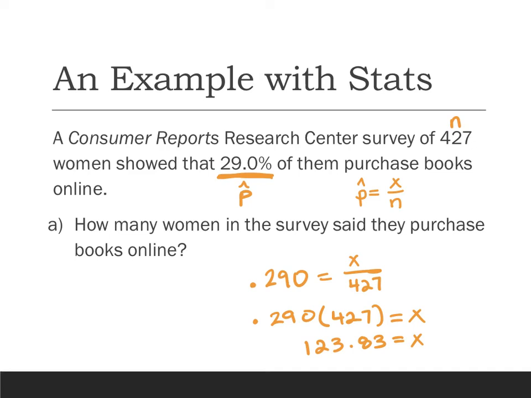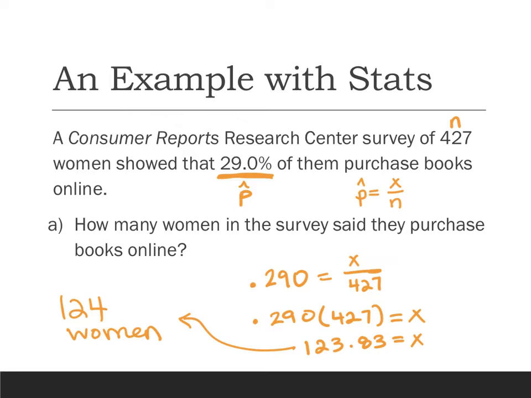Well, what's happened is they've had to round their percentage at some point. And what they've probably done is they had 124 women who said that out of the 427 who said that they purchased books online.